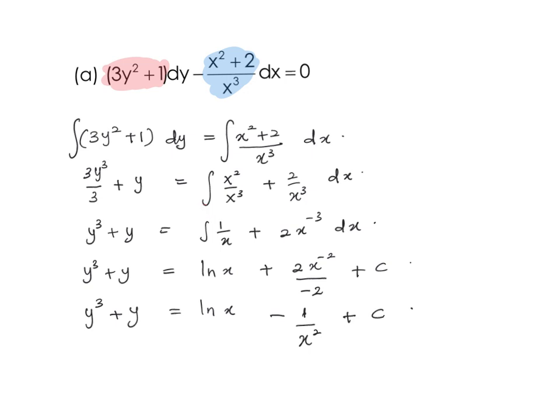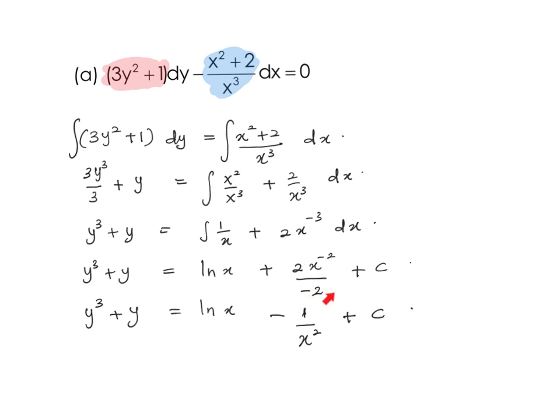Equal to the integral of, first this one we write into this form: x squared over x cubed plus 2 over x cubed dx. Then we simplify, we get 1 over x plus 2x to the power of negative 3. Integrate 1 over x, we get ln x. Integrate 2x to the negative 3, we get 2x to the negative 2 over negative 2.